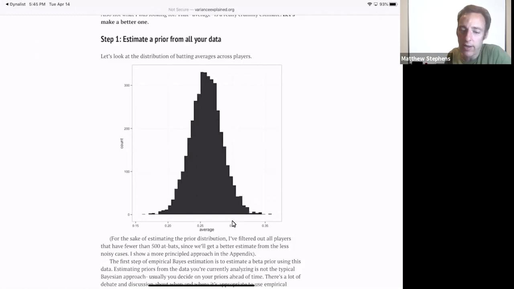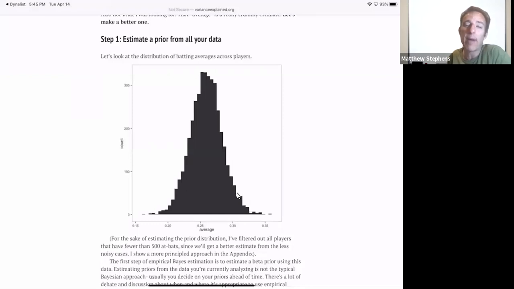And you can see what I said before is true, that 0.3 is a pretty good batting average, right? Of the individuals that had more than 500 at bats, relatively few get a batting average of more than 0.3, and the average is somewhere around 0.27 here. So here's the idea. Essentially, this distribution gives us a prior on what we think the batting average of an individual whose data we haven't seen yet would be.